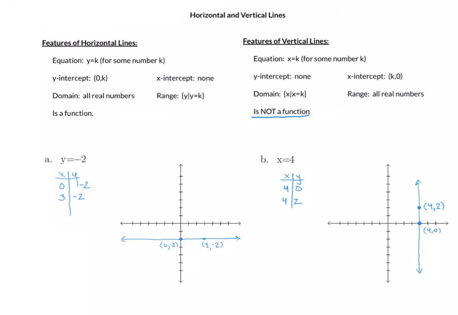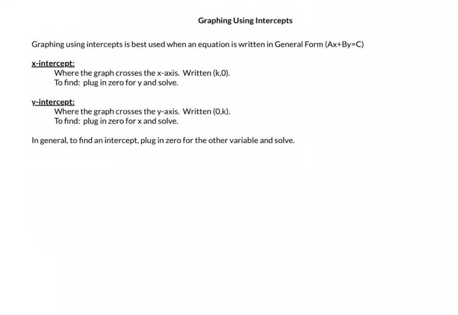Alright, so that takes care of horizontal and vertical lines. The next thing we want to talk about is graphing using intercepts. Now intercepts, they're going to come up in our next section a little bit more, but we want to talk about just the basics.